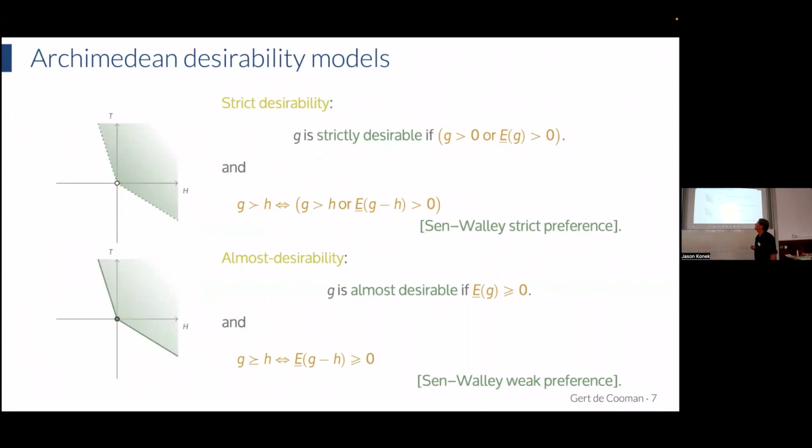Right. So this leads to desirability models that could be described as Archimedean. The first one is strict desirability. A gamble is strictly desirable if its lower expectation is greater than 0.